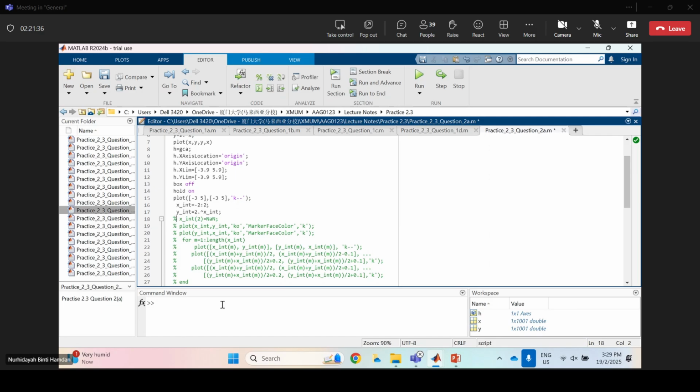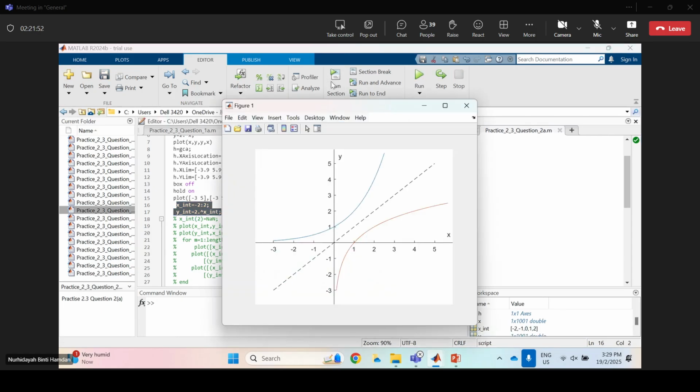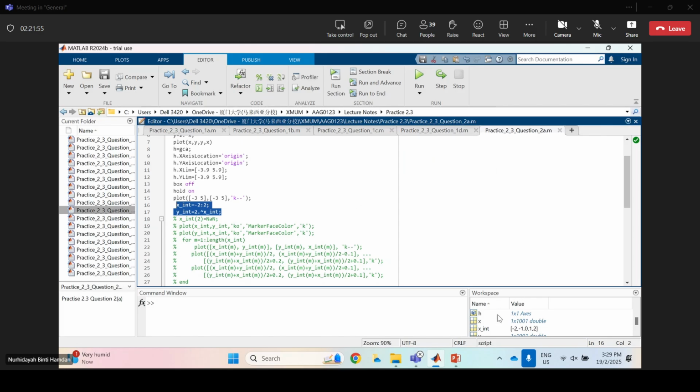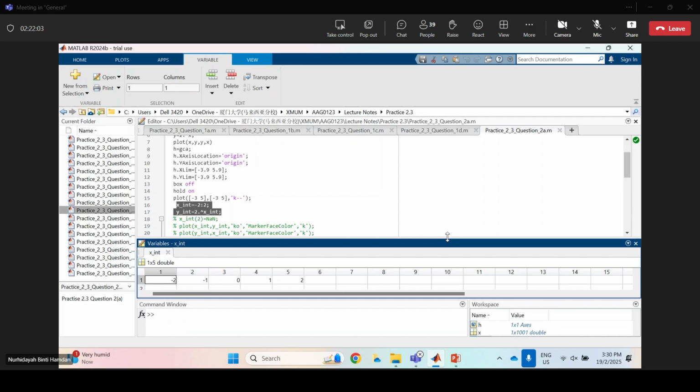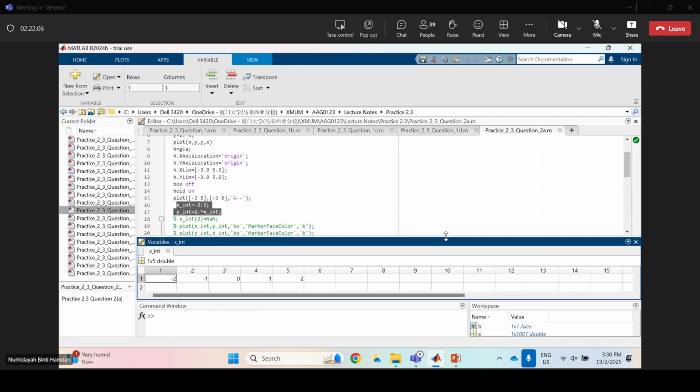Okay, wait, I do this first. Hold on. You look at this, x integer. You see here, it's only -2, -1, 0, 1, 2, right?